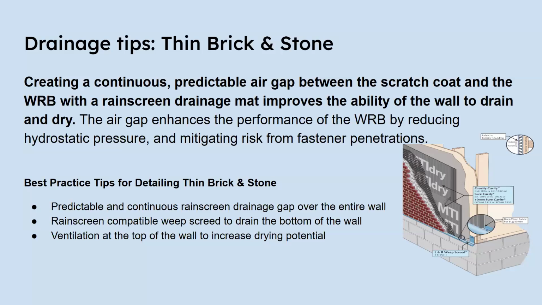Again, rule number one, use a continuous and predictably wide drainage mat over the entire wall surface. Some designs in our industry, just as an aside, some people offer strips that they say will also work, and these strips could be applied as furring strips over studs, for example.